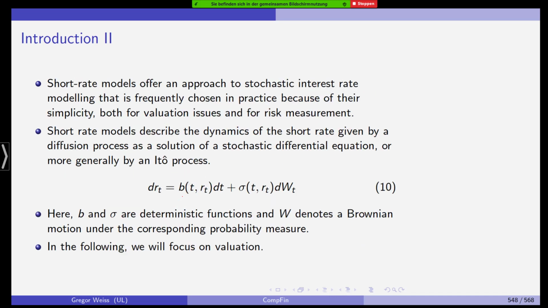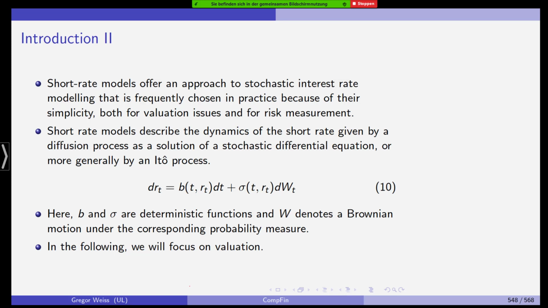Now, short rate models offer an approach to stochastic interest rate modeling that is frequently used in practice because of their simplicity, both for valuation but also for risk management. And they describe the dynamics of the short rate given by a diffusion process as a solution of a stochastic differential equation. We've already seen this, the Ito process.